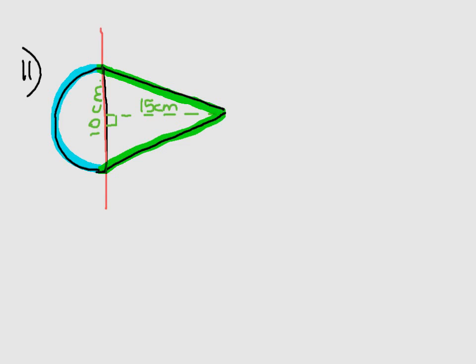We have a semicircle. The circumference of a full circle, we know the formula is pi times diameter, but we're finding half a circle, so we've got to divide that by 2. Circumference equals 3.14 times the diameter of the circle, 10, divided by 2.